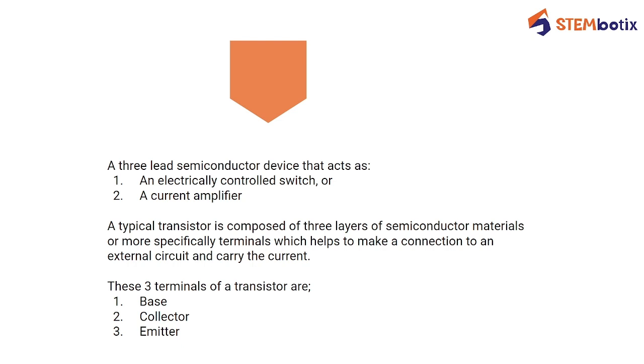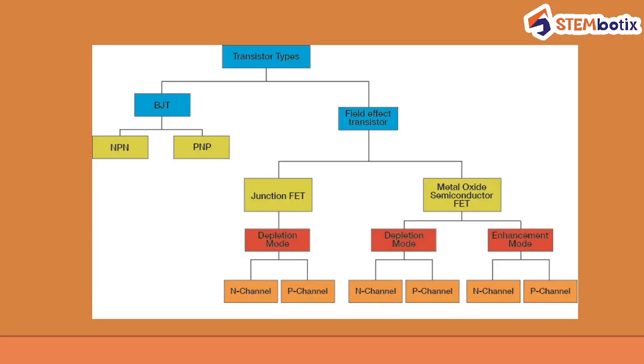A typical transistor is composed of three layers of semiconductor material, or more specifically terminals, which help to make connection to the external circuit and carry the current. These three terminals are called the base, collector, and emitter.